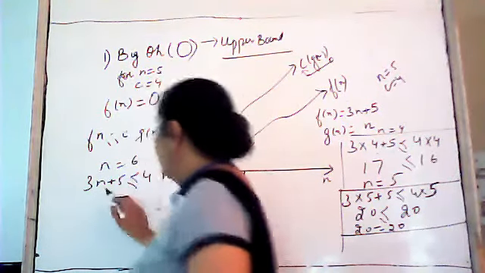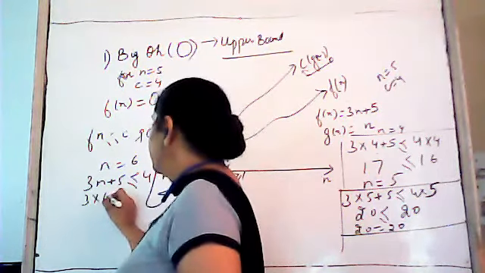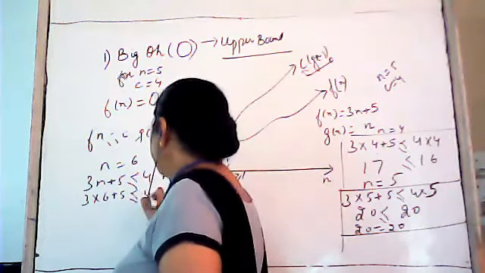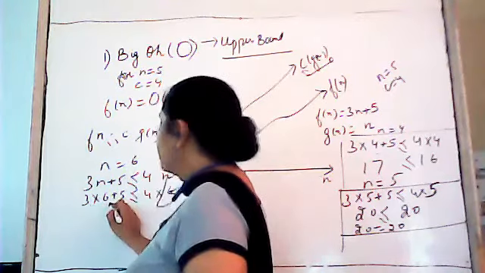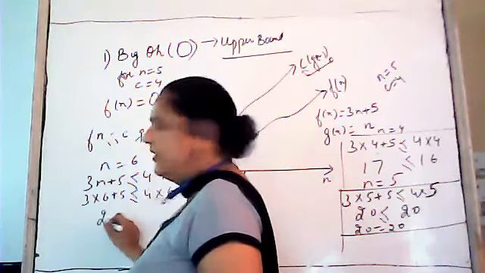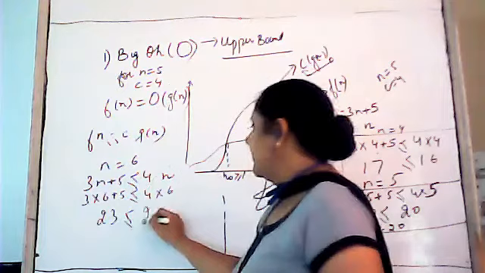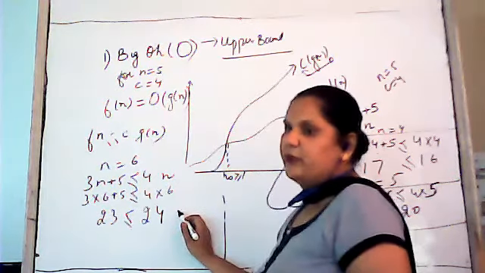Okay, so 3 into 6 plus 5 and it is 4 into 6. 3 into 6 is 18, 18 plus 5 is 23, and it is less than or equal to 24. 4 into 6 is 24.